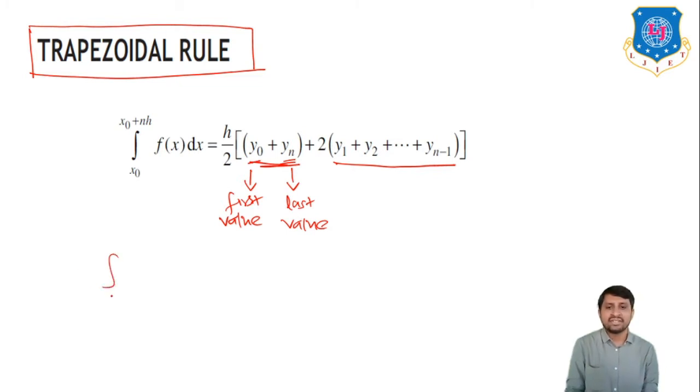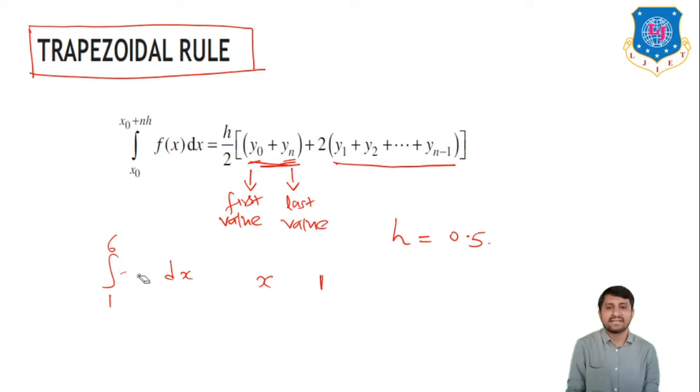Let me give you one example. Suppose the integral is from 1 to 6 of f of x dx, and suppose h is equal to 0.5, and f of x is x square.